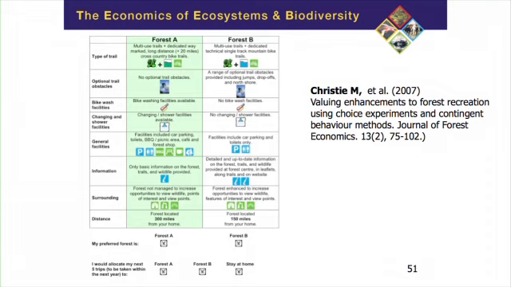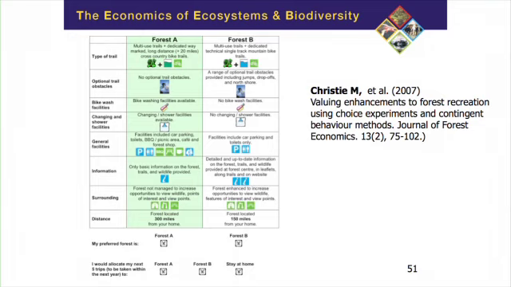I think I showed this at the end of last day to some of you. This is one I did for the UK Forestry Commission on cycling in forests. So here, there are different attributes of the forest: different types of trails, so whether it's single track trails or downhill cycling, or whether it's multi-purpose trails; whether there are obstacles, so ramps and jumps and berms on the trails; whether there are bike wash facilities; whether there are showers and changing rooms at the forest; some more general visitor facilities, such as toilets and barbecue sites and so forth.